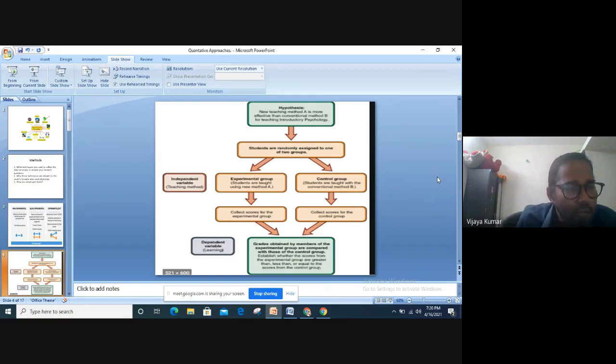Here, for Mr. Charles, the independent variable is the new method that he has developed. This is called the independent variable, whereas the dependent variable is the outcome of the study.